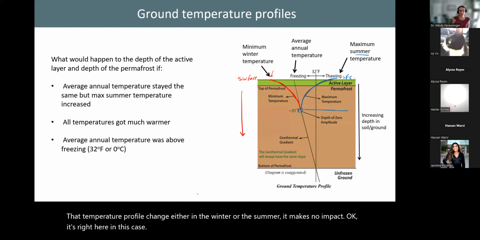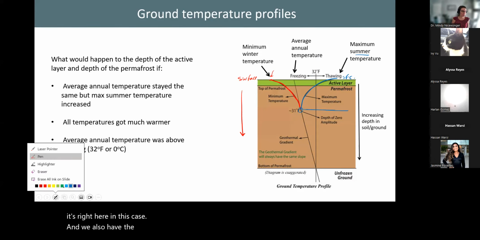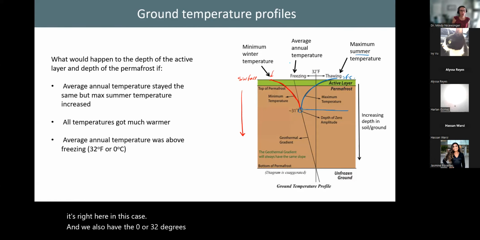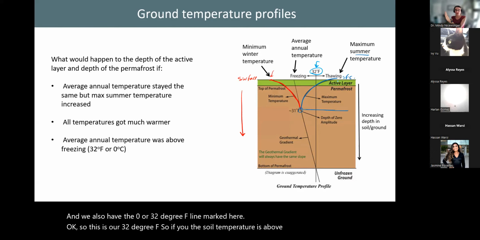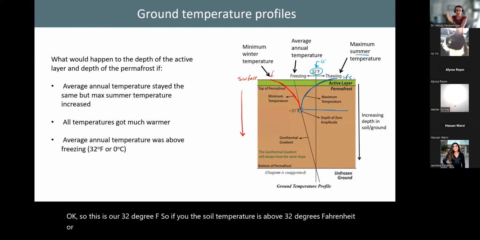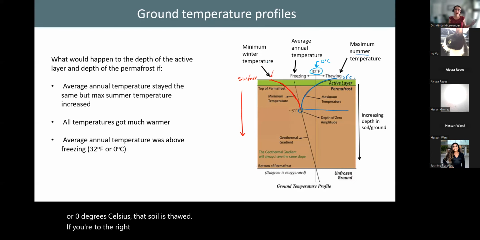And we also have the 0 or 32 degree F line marked here. Okay, so this is our 32 degree F. So if the soil temperature is above 32 degrees Fahrenheit or 0 degrees Celsius, that soil is thawed. If you're to the right or below that line, that soil is frozen.